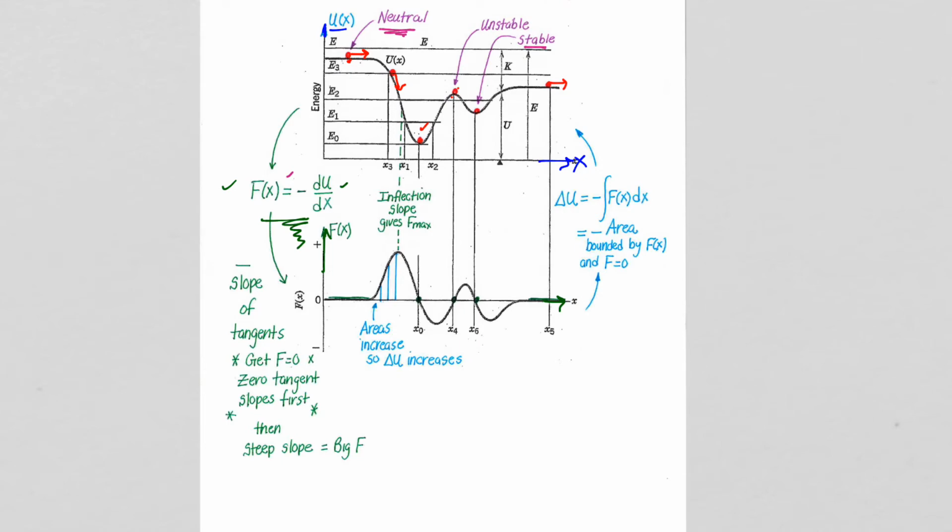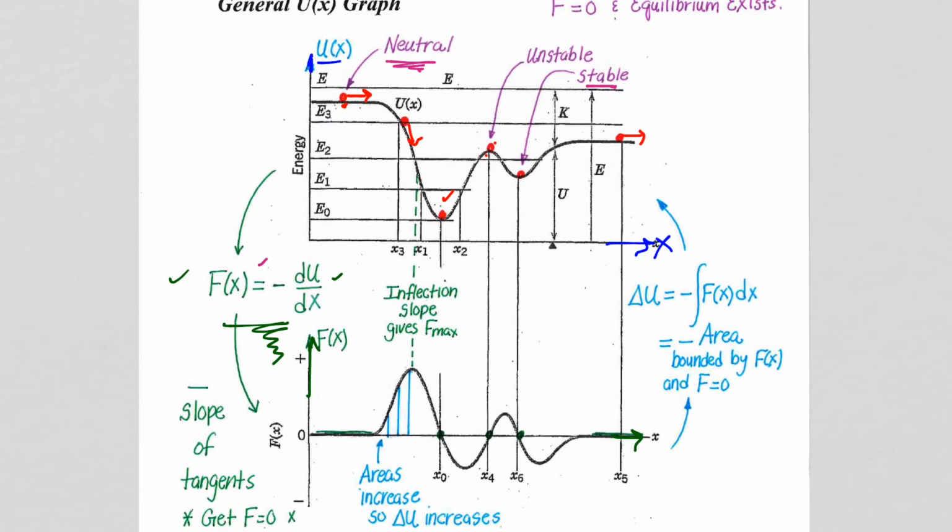F of x equals negative dU dx is all about slopes of the tangents, so I would just quickly put little tangents in there all over the place. They don't have to be perfect, but get them in there and think about how the slopes of the tangents are changing as you go along.